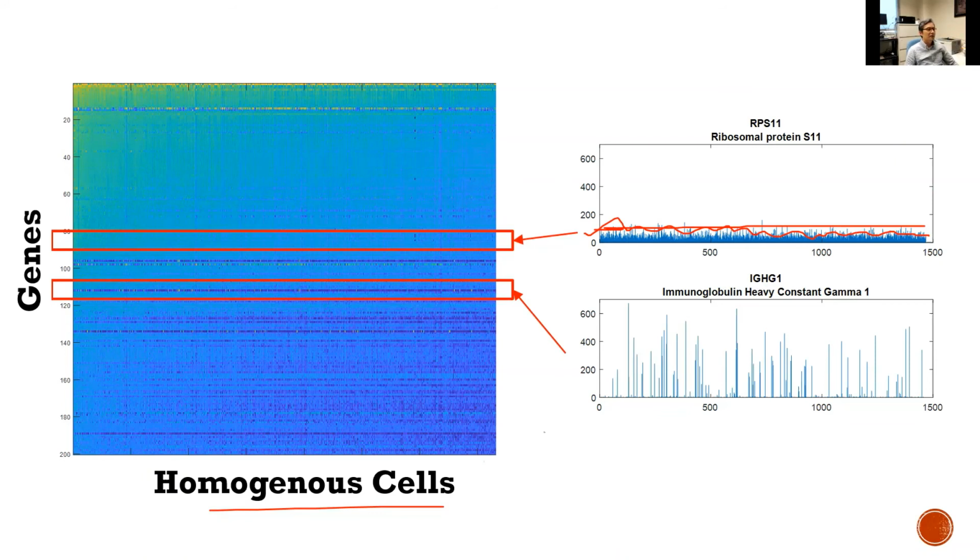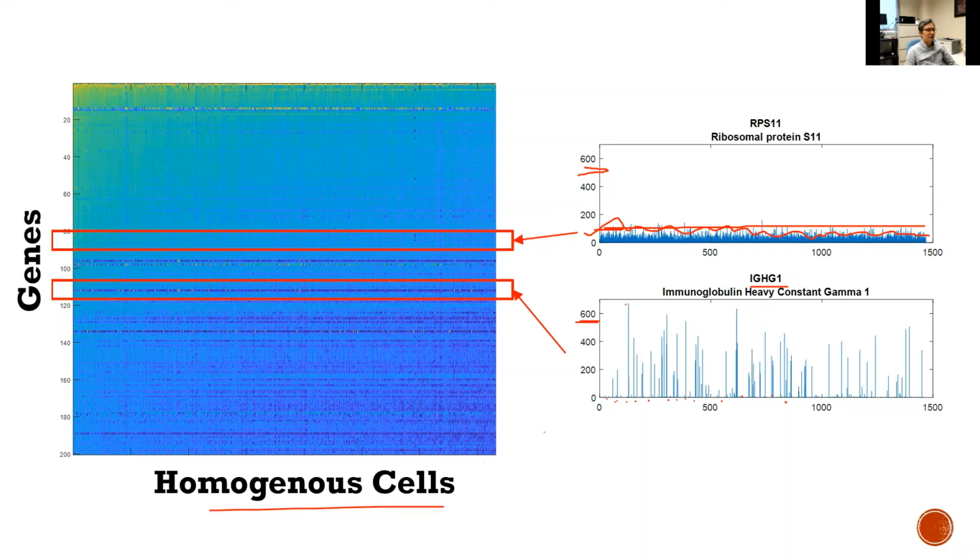For this immunoglobulin heavy chain constant gene, we see a very different pattern. A lot of these cells do not express the gene at all, so you have a zero expression level, but once this gene is expressed in some of those cells, the expression level is really high. Here it is 600, on the same scale as this panel.